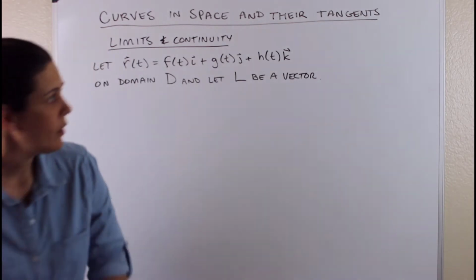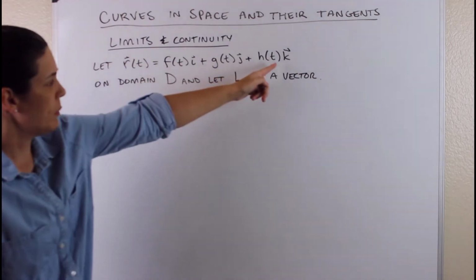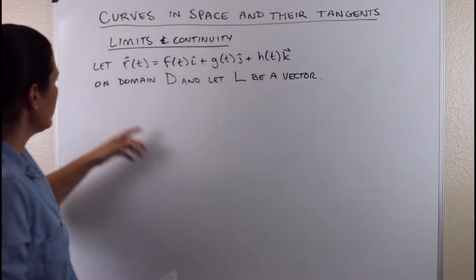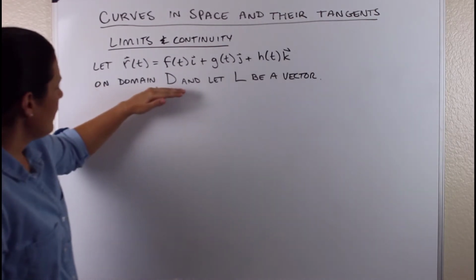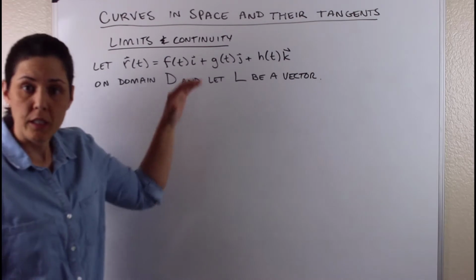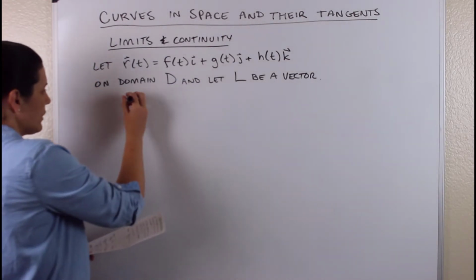So starting with letting your vector function, which we defined before, our i, j, and k, or x, y, and z components, we're going to let it be defined on some domain, we're calling D, and let L be a vector. So I'm going to give you your limit definition here. And so it's going to look like this.